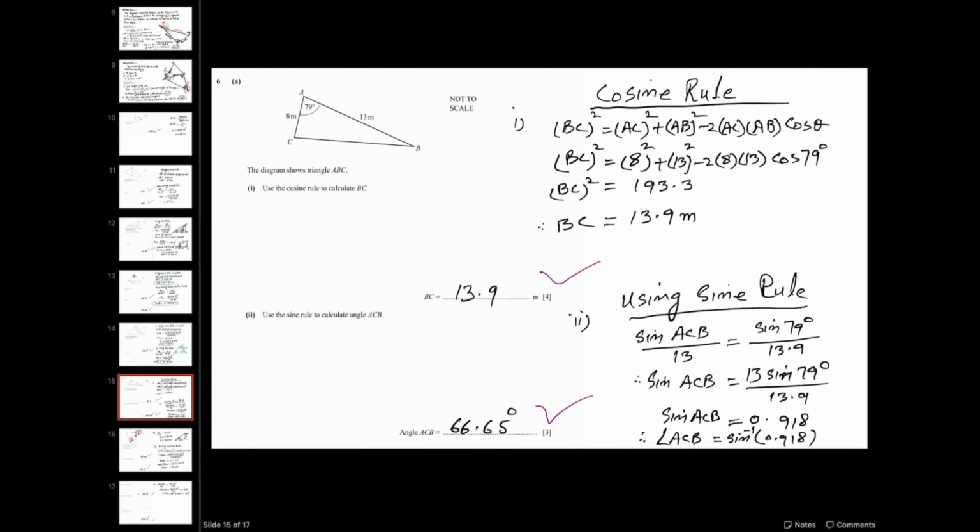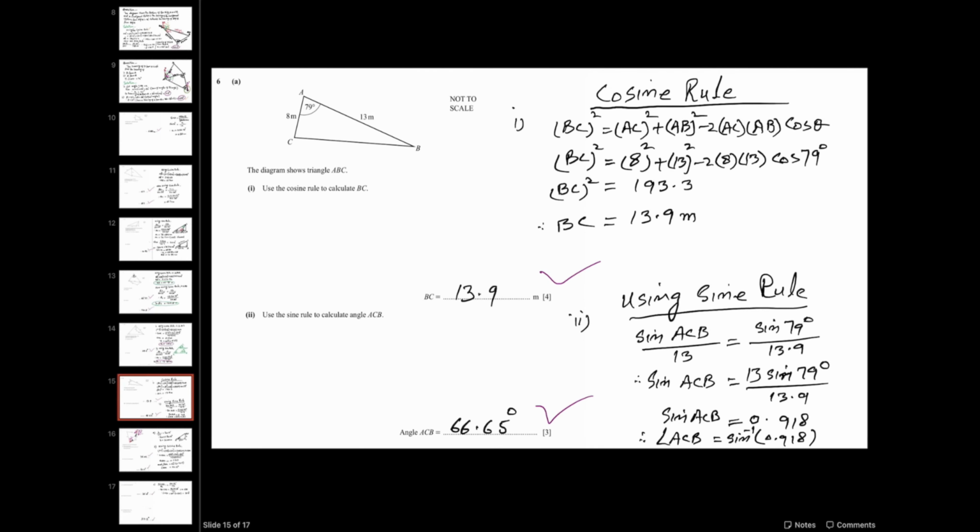And BC square is equal to 8 square plus 13 square minus 2 into 8 into 13 into cos 79 degree. And BC square is equal to 193.3, and taking square root on both sides we get BC is equal to 13.9 meter, which is the length of BC.